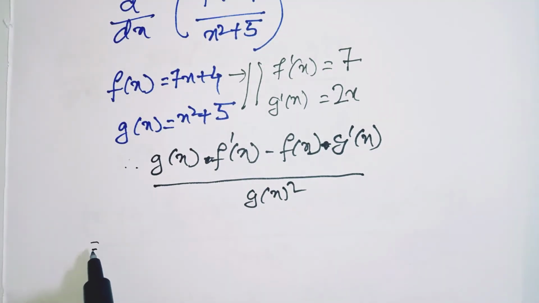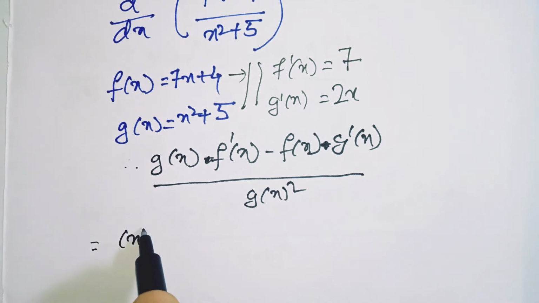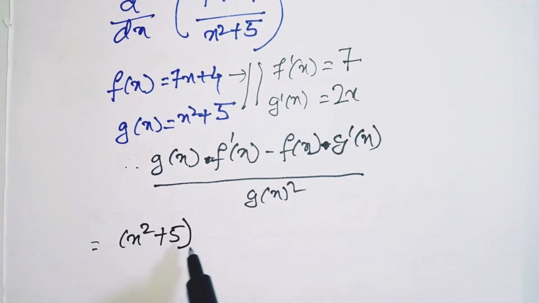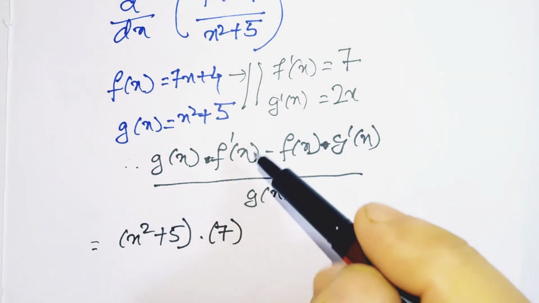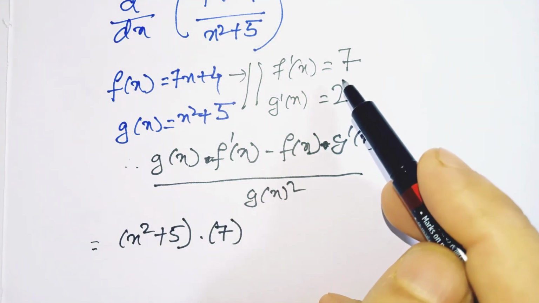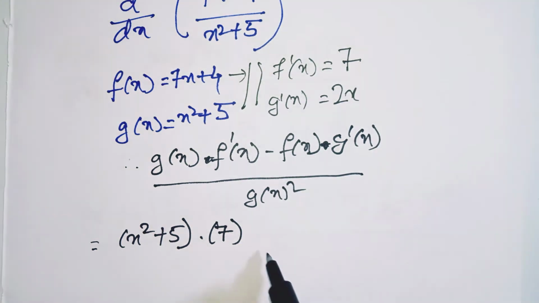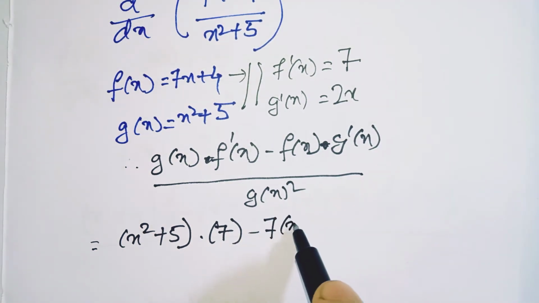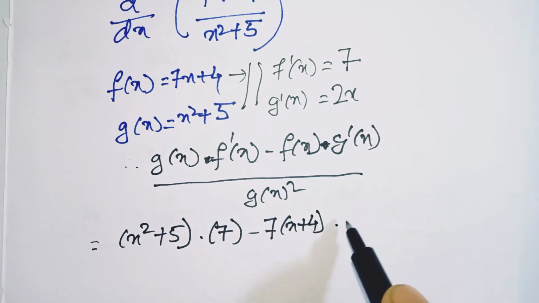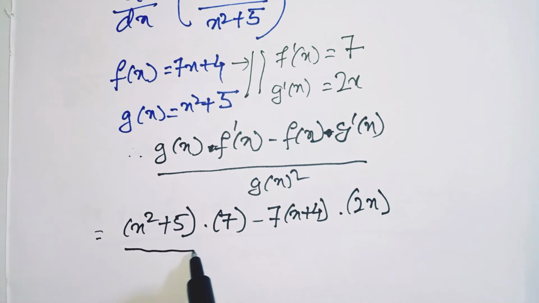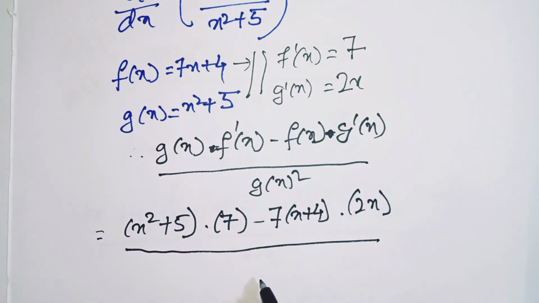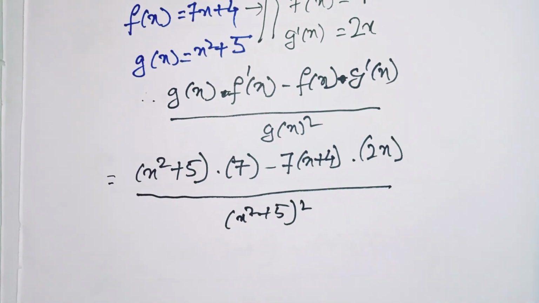We can just substitute those values quickly and it will be easier for you. X squared plus 5 dot f prime of x, which we have already differentiated. It is better to differentiate earlier and then put the values, it becomes clear. Minus 7x plus 4 multiplied by 2x. And this time I would be careful, so the denominator would be x squared plus 5 whole squared, right?